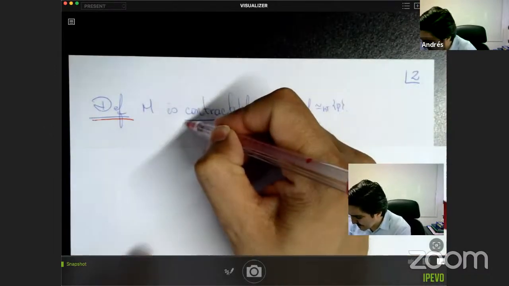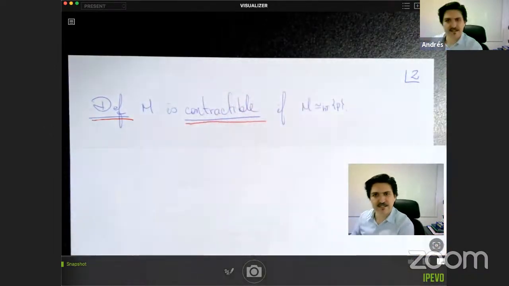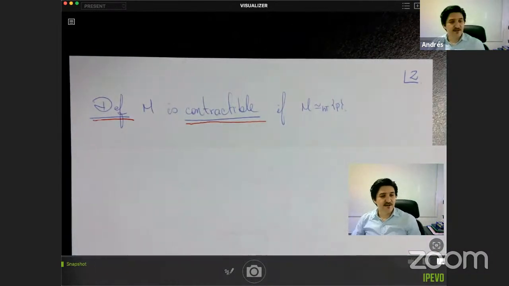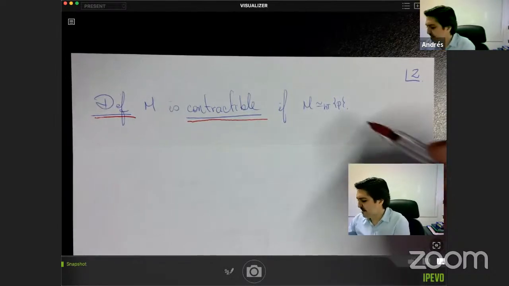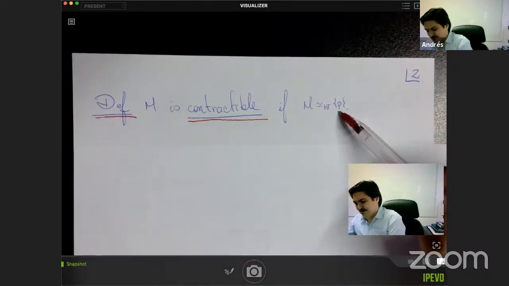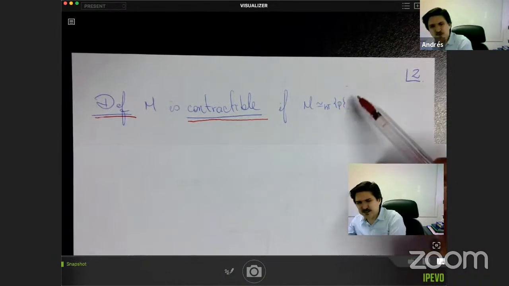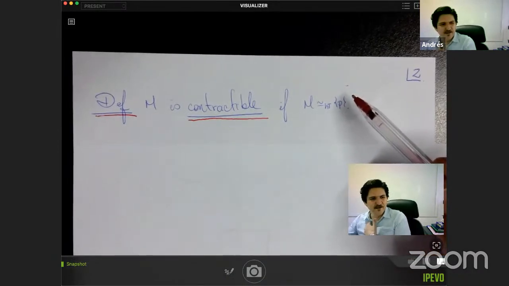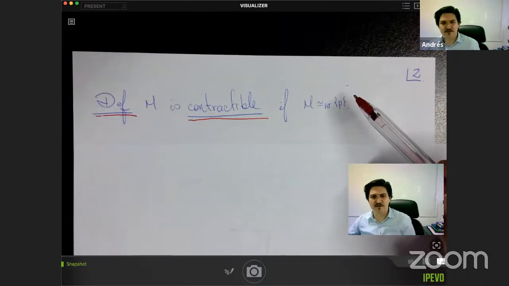The whole idea of a contractible space is that from the point of view of topology, it's very boring. There's no interesting topology on a contractible space. If something is contractible, it is the same as the space of a single point, and the space of a single point is boring. There's no topology there.